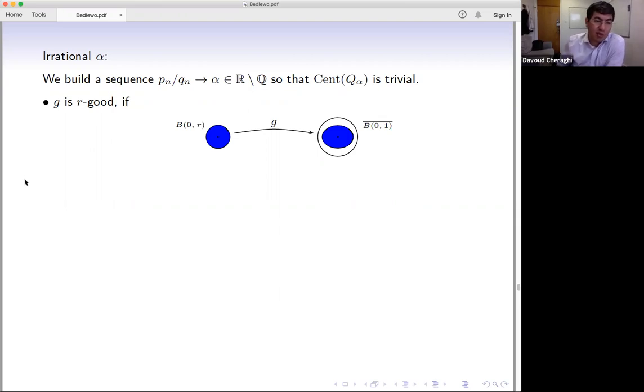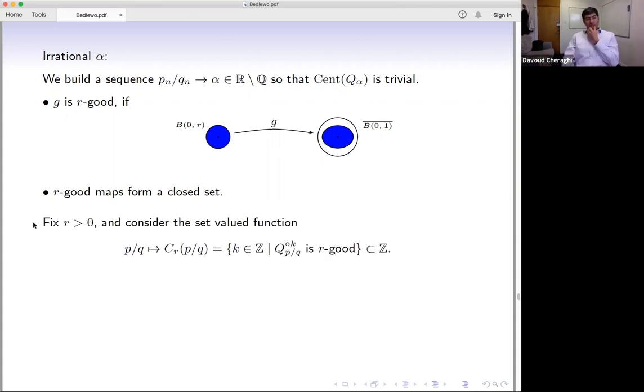The good thing about each of these classes is that the space of R-good maps forms a closed set. If I have a sequence of such maps, because they're all defined on the same domain, the limit will be defined on the same domain, and because they're contained in the closed disk, the limiting map will also map into the closed disk. That's fairly obvious. So this is the first notion.